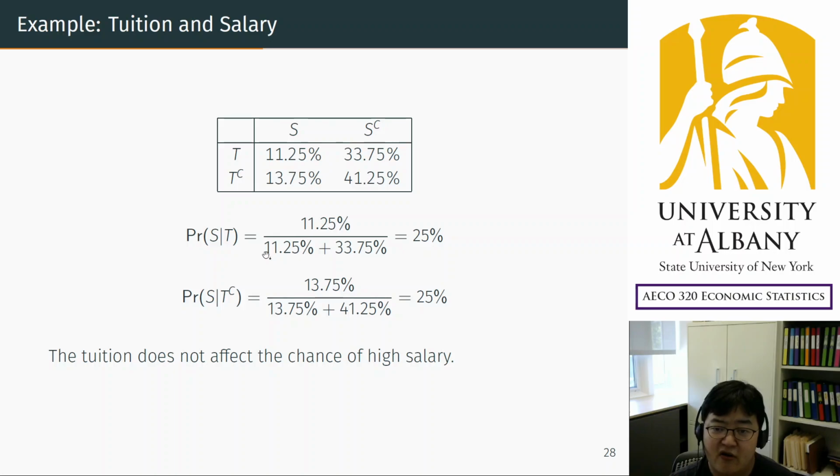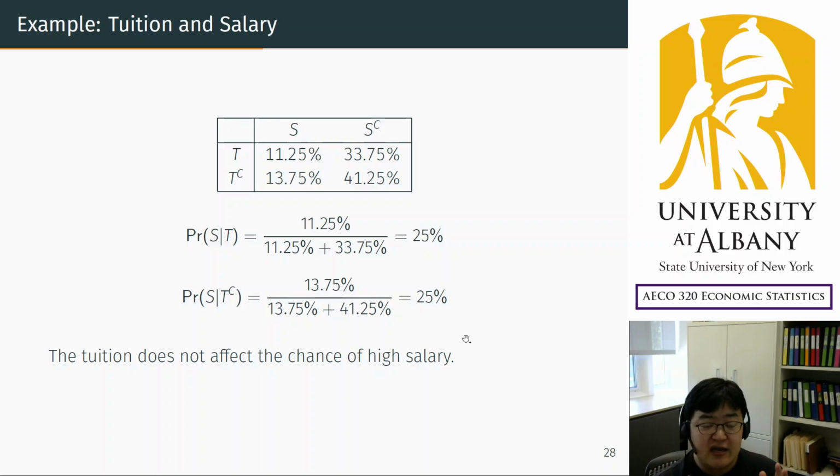So the ratio is 25%. Similarly, the condition not T implies the second row. From the second row, 13.75% receives a high salary. So that ratio is also 25%.